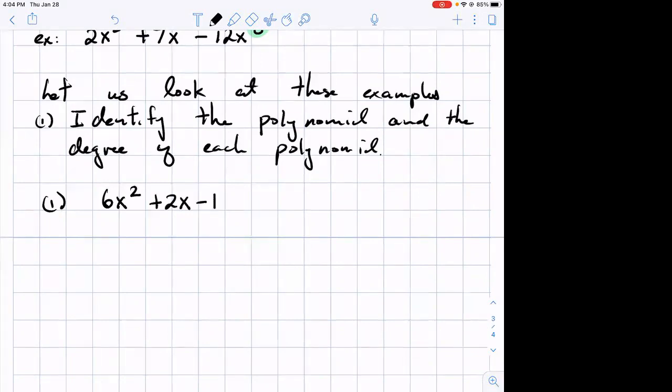Okay. So a couple of things to note. Here, this is one term. This is another term. And this is another term. So here we have 3 terms. And if we have 3 terms, we know that this polynomial is called a trinomial.